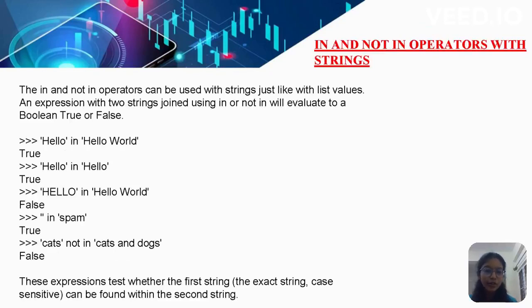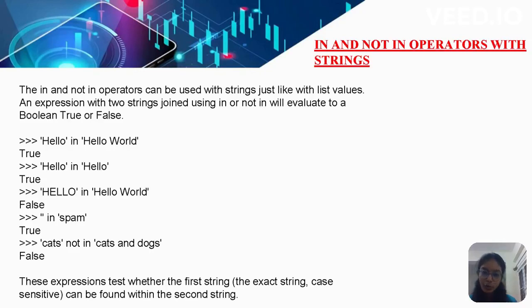In and not in operators with strings. The in and not in operators can be used with strings just like with list values. An expression with two strings joined using in or not in will evaluate to a Boolean True or False.